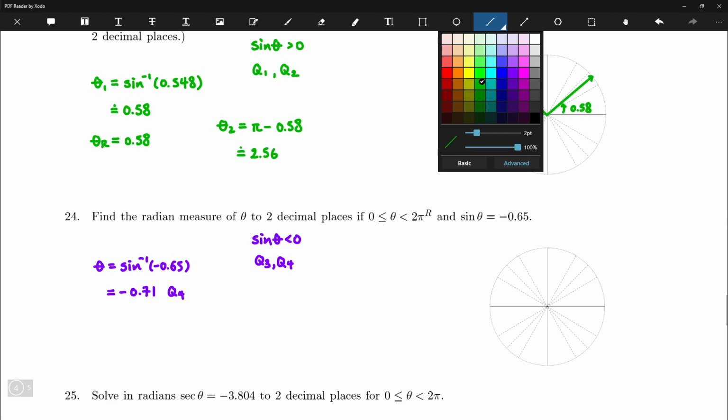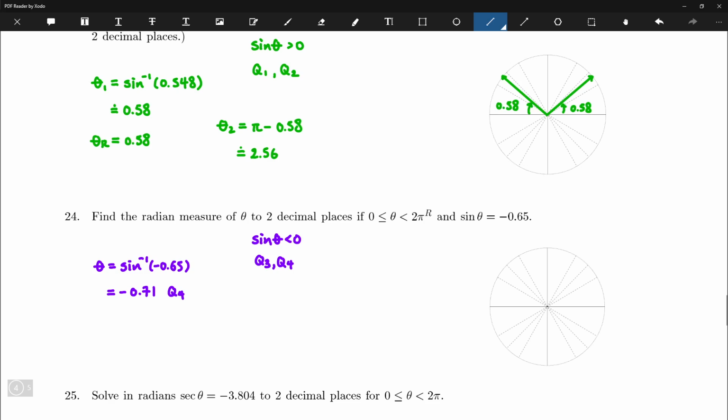So if we were to draw a picture quickly, it will look something like this in quadrant 4. Again, the other solution will be in quadrant 3, so it will be over here. So notice that the reference angle of the angle that we found in quadrant 4 is just going to be 0.71, positive this time. So we can use that to find our two solutions.